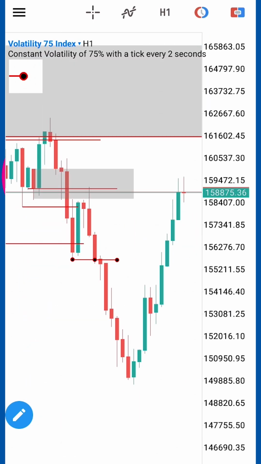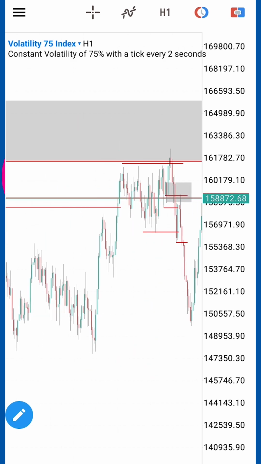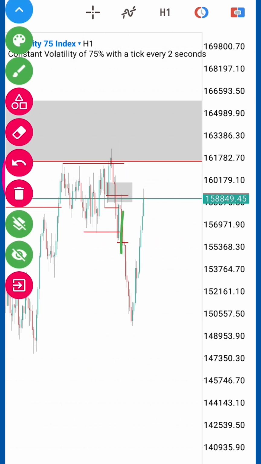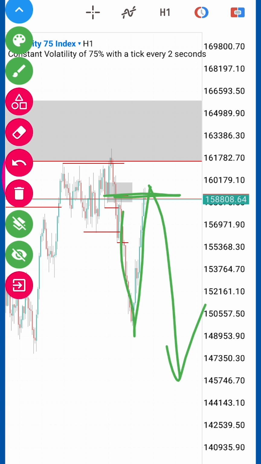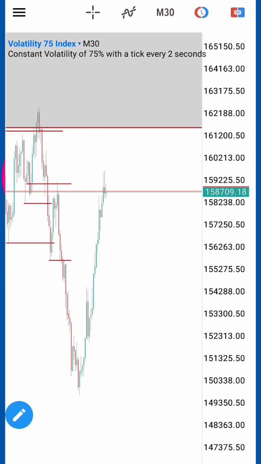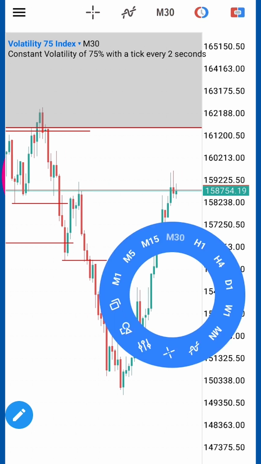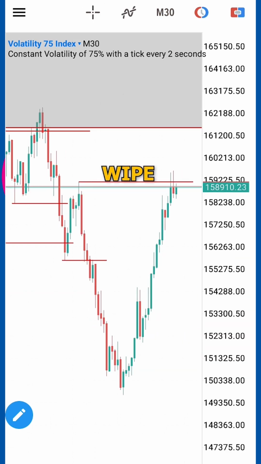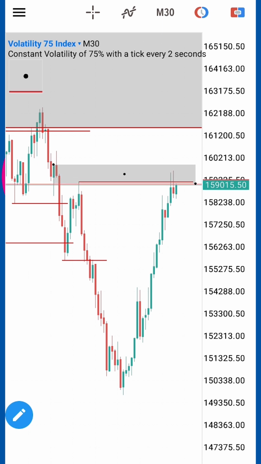You can see that heavy drop down, breaking that small low. So when it returns, you see the huge retracement it made back up. We are going to try to capture a sell from there, and the reason is price wiped there. Right now it is wiped, and above that high there's a 30-minute order block.